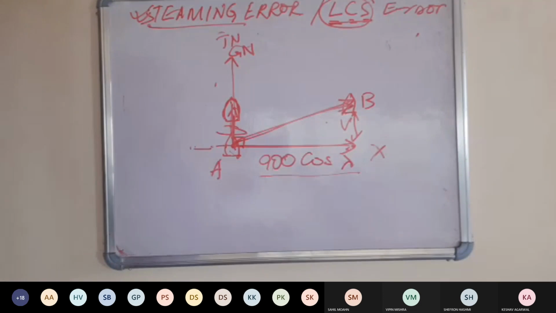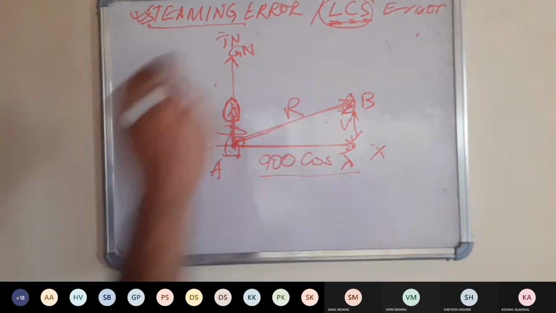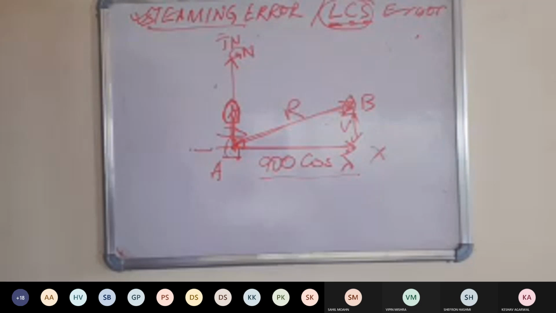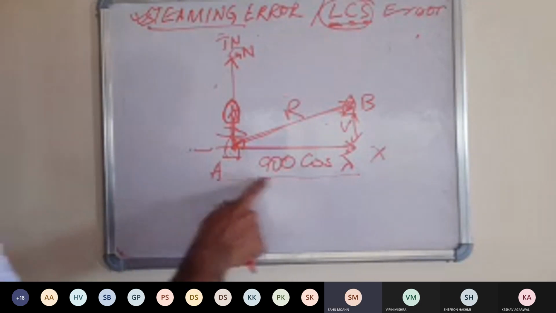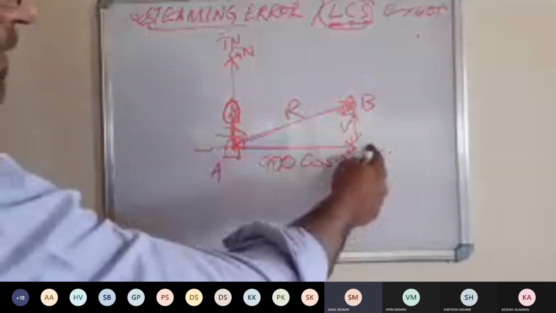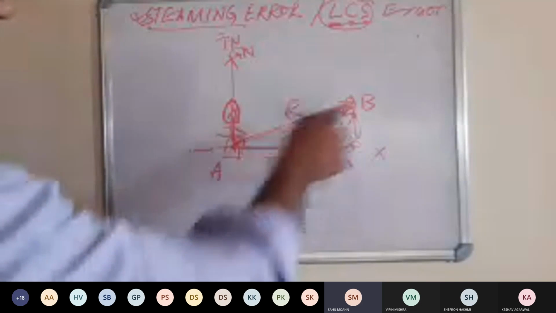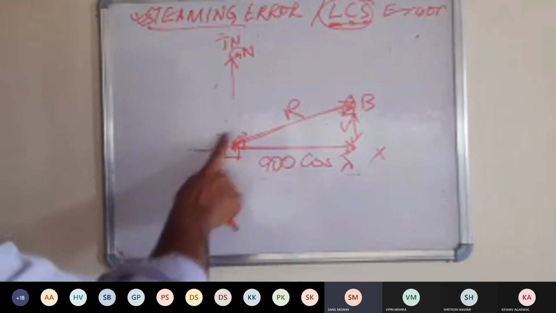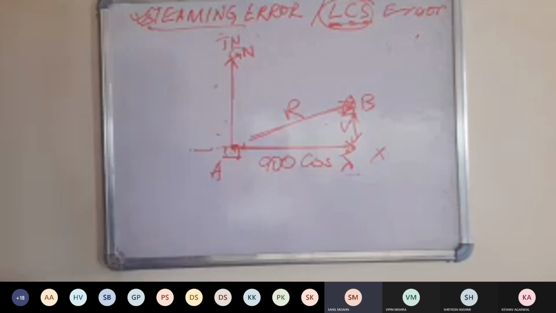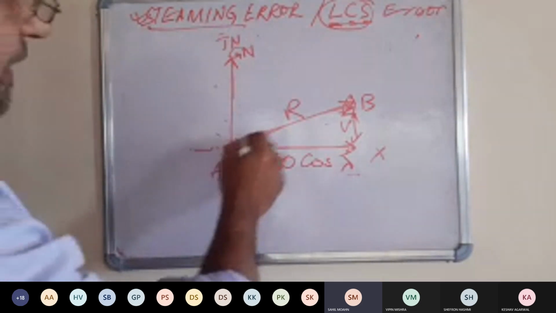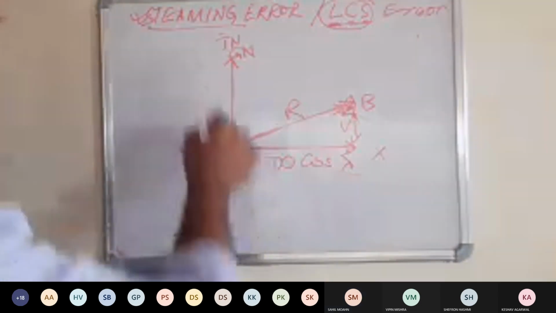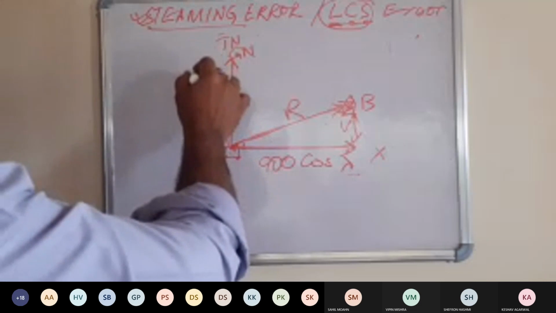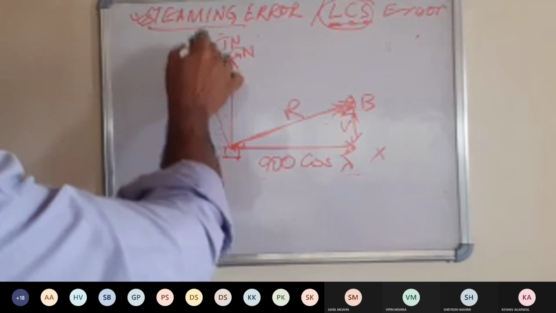Is that correct? Yes, sir. This is the peripheral speed, this is the speed of the ship, then this is the resultant, A to B. Then in that case, the gyro compass will think that I'm moving in this direction, so it will settle down perpendicular to this.